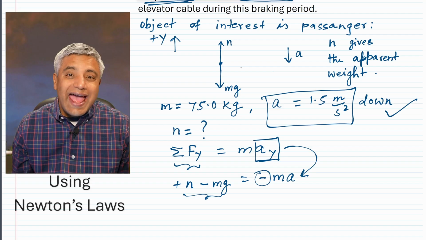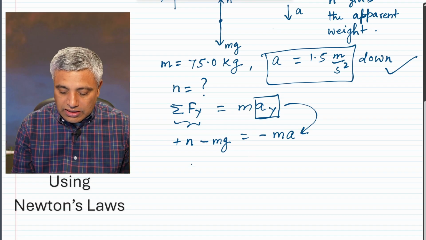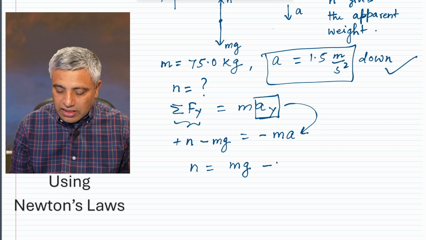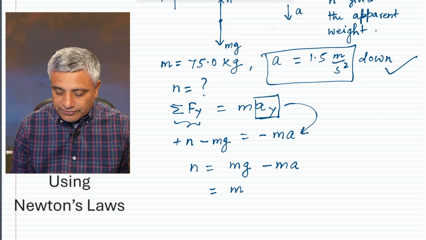And remember, we had to figure out the direction. We can solve for the normal force. That's what we are looking for. So mg is negative on this side. When we move to the other side, it becomes positive. ma is already negative. If we like, we can factor the mass out.